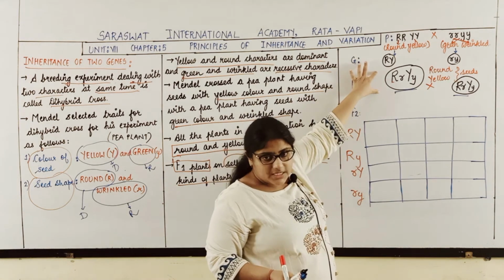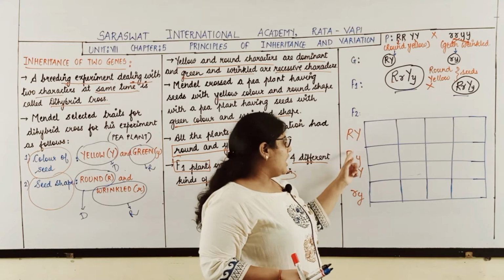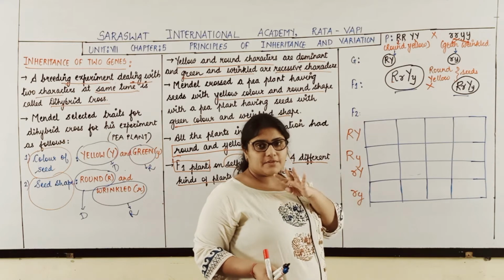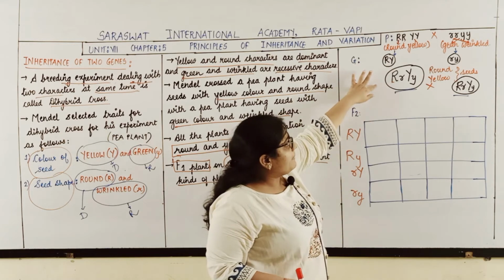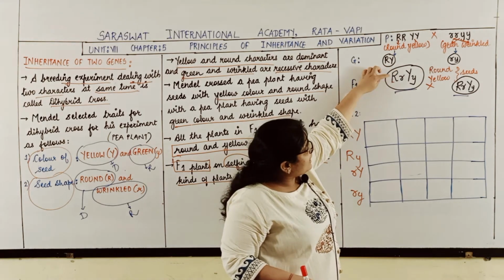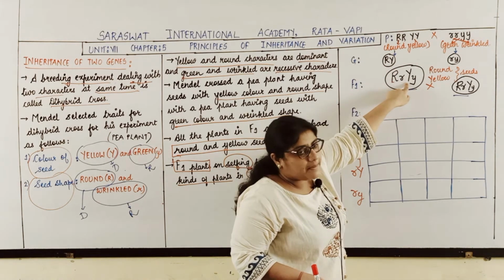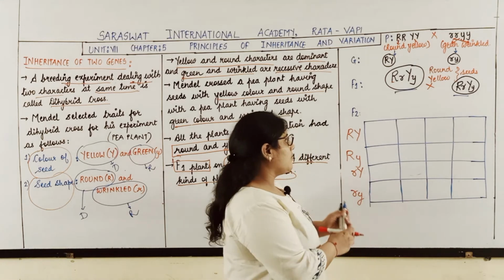So from this particular plant, how many different types of gametes are formed? 4 different.